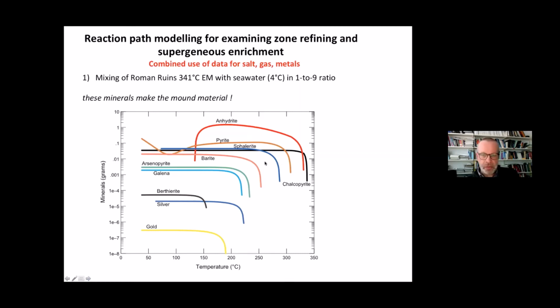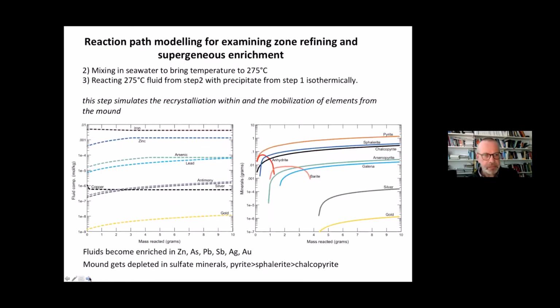And you see you form sulfides, but you also form a lot of sulfate. So this is basically, in a very simplistic model, what the mound material that you first make should look like. And there is a big sulfide mound at Roman Ruins.